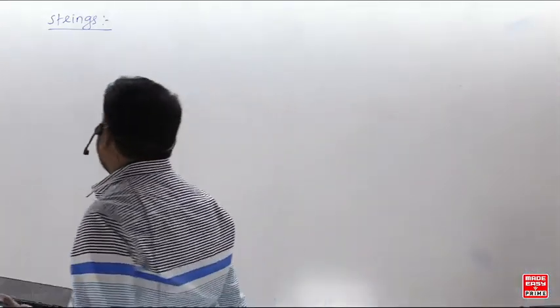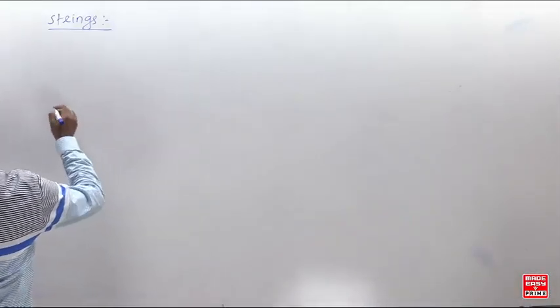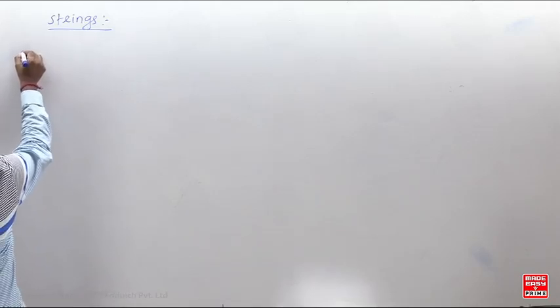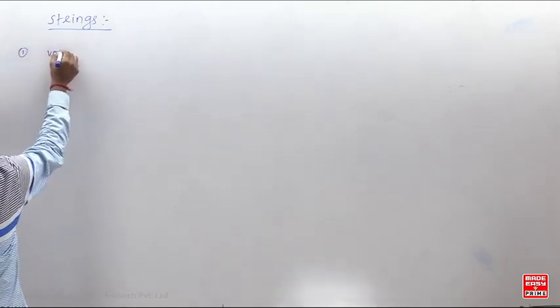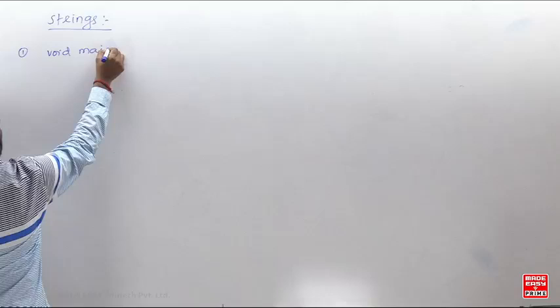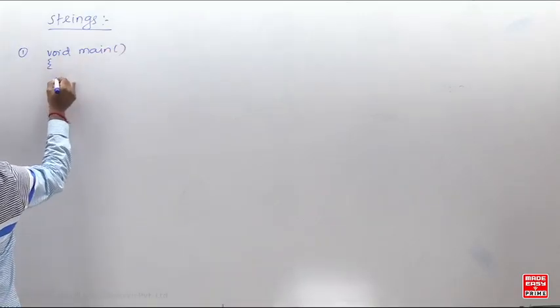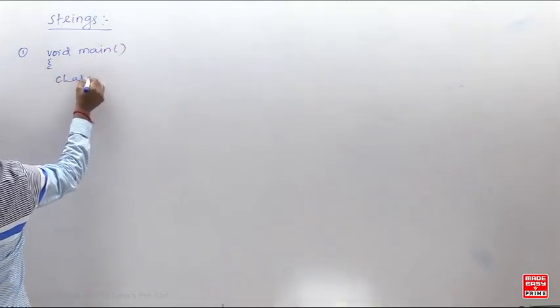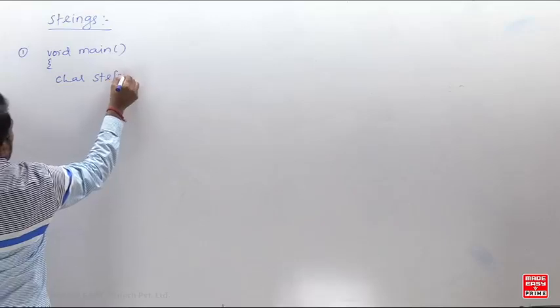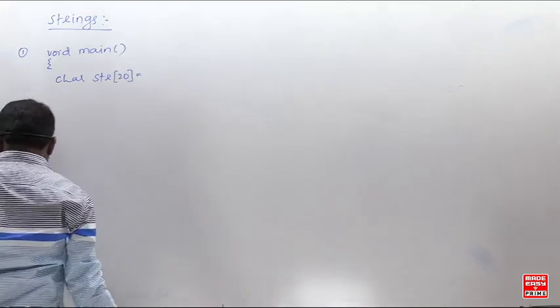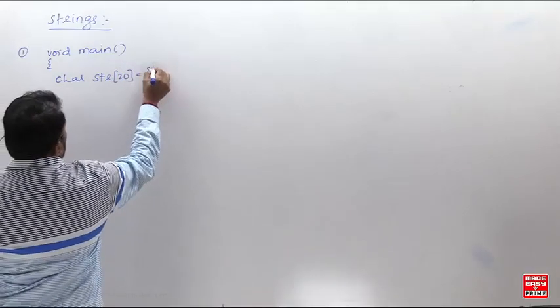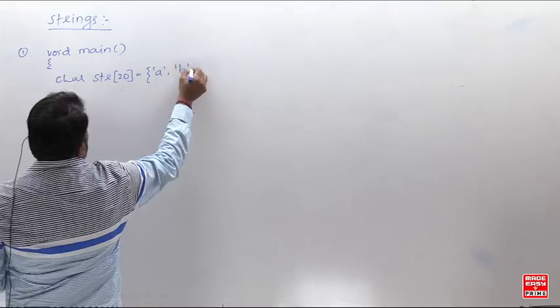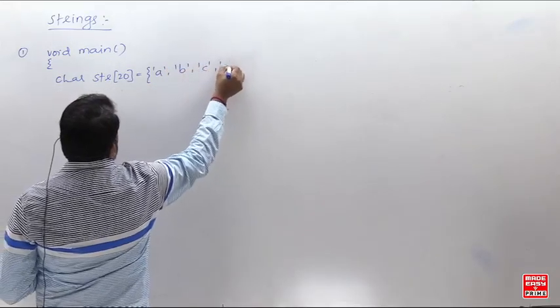I will give various examples, and in every example you will understand some point. So just note down here: void main, character str of 20. You can initialize character by character.